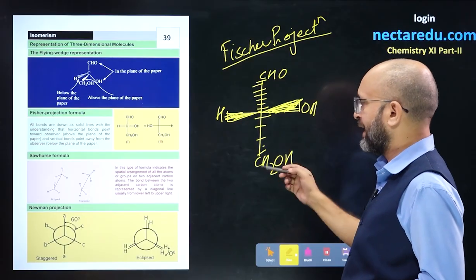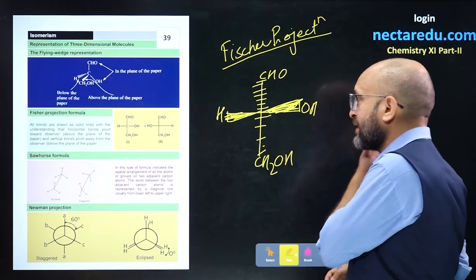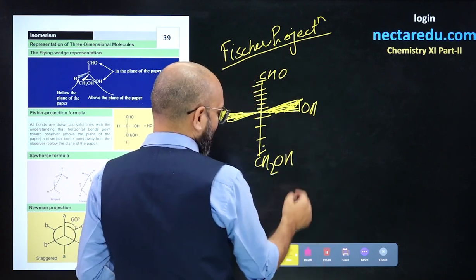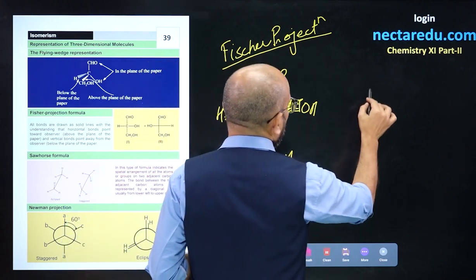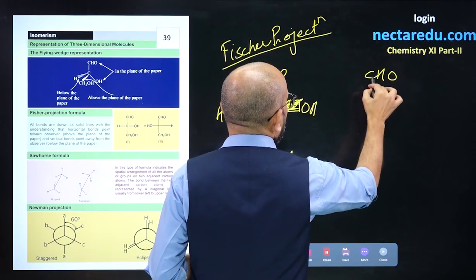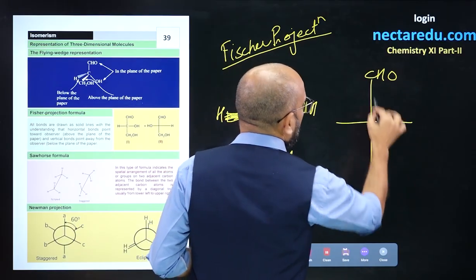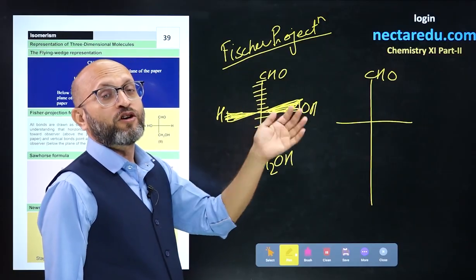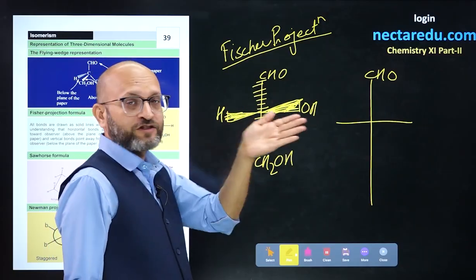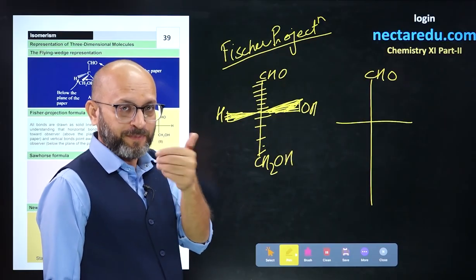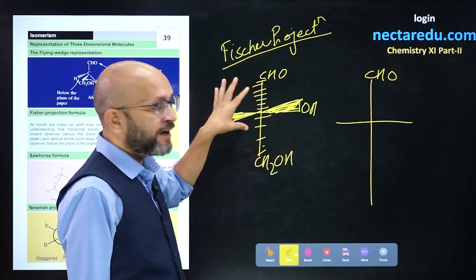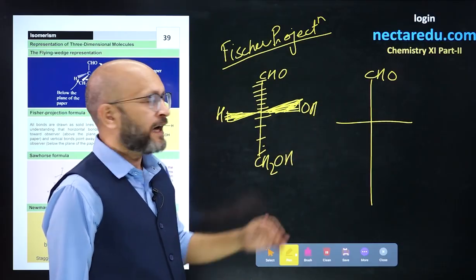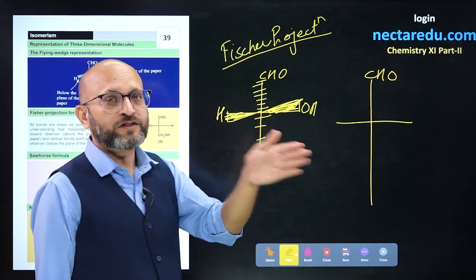But in reality, we will be representing the Fisher projection without these dashes, so dash and solid will not be there. You have to understand that the vertical bond is a dash bond, and horizontal bonds are towards the observer, towards me. That means the vertical bond is always behind the plane, and the horizontal bonds are towards the observer.